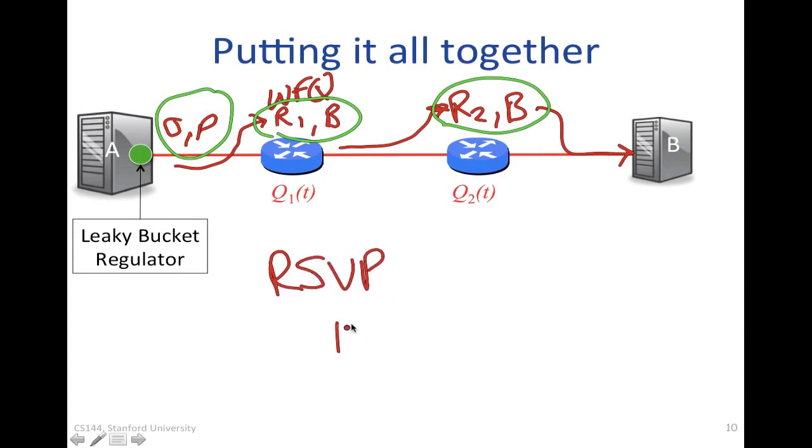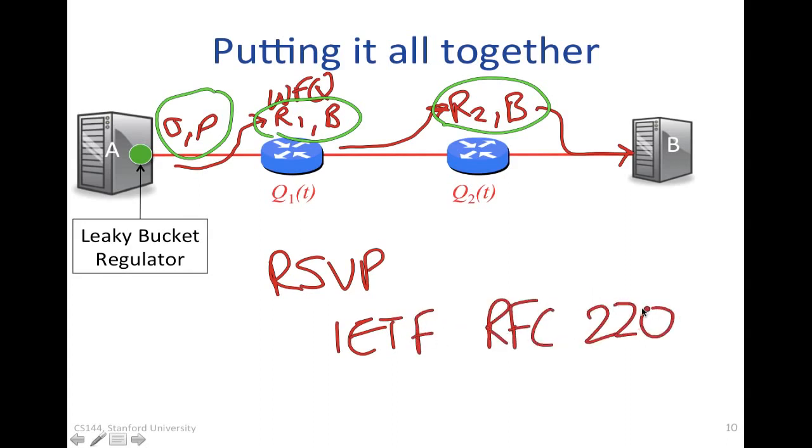There is an IETF RFC that will tell us all about what we're supposed to do, and it's number 2205. You can find this in any textbook. You can go and look at the RFC, or if you look it up in Wikipedia, you'll find a good description of this. So this is how we populate these values in the first place, how it is that end-to-end the control system is able to install these values along the path.